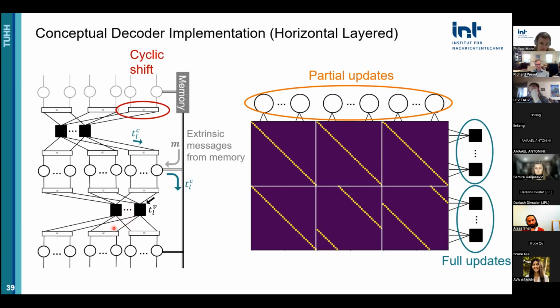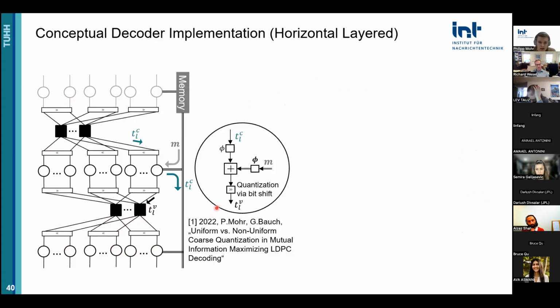And then we do the check node update, and this completes the unrolled decoder iteration. For the variable node in this work, we assumed the uniformly quantized update. So instead of having non-uniform quantization, we just perform the bit shift operation here to achieve the uniform quantization, which gives us improvements in terms of delay.